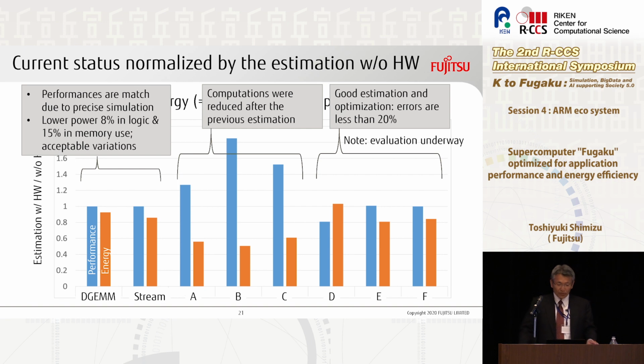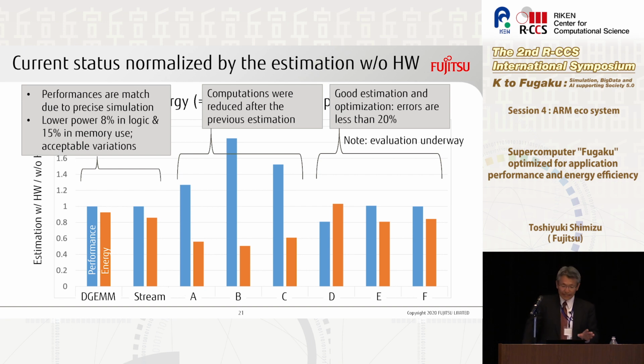Okay. Applications A, B, and C: the performance is improved and energy is reduced. So I can say that the computation was reduced after the previous estimation. This is good news for application performance and energy consumption.